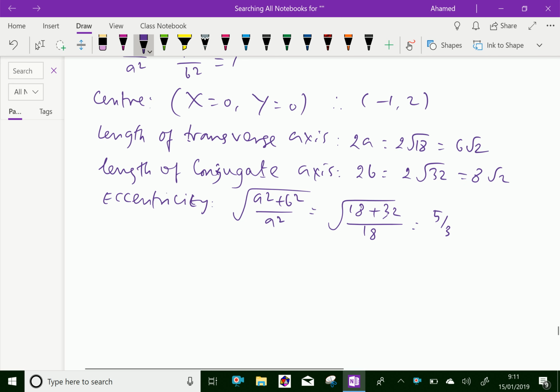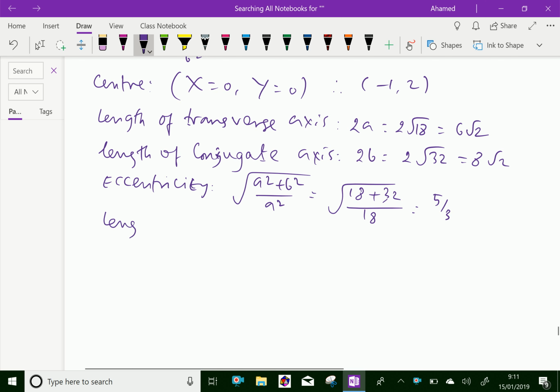Length of latus rectum equals 2b square over a, which is equal 64 over root of 18, which gives by simplification 64 over 3 root 2.